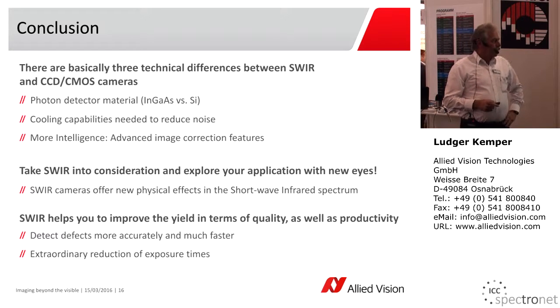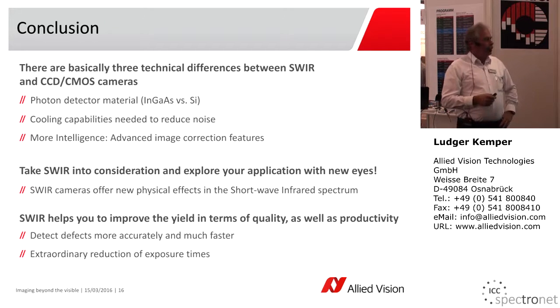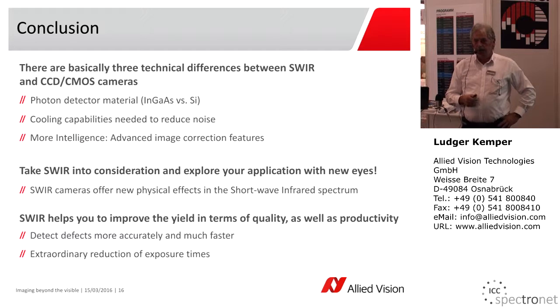And so SWIR helps you improve yields in terms of quality as well as productivity. I showed you that you can have a higher speed for electroluminescence or photoluminescence methods, or you can see water totally differently. With hyperspectroscopy, when you have the right database with different spectra, you can also detect and measure the ripeness of fruits.